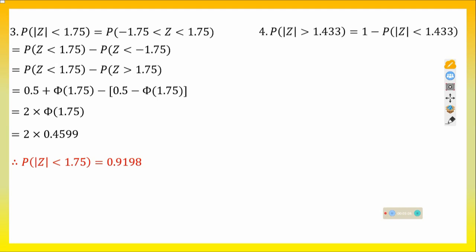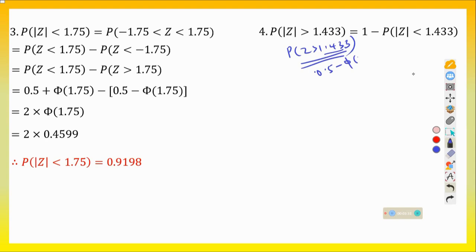If it is greater than, like in this case, as we said, if it is magnitude of z it is different, but if it is z alone, it becomes simpler. If it is z alone, probability of z greater than 1.433, for example, would simply be 0.5 minus the table reading of this value.